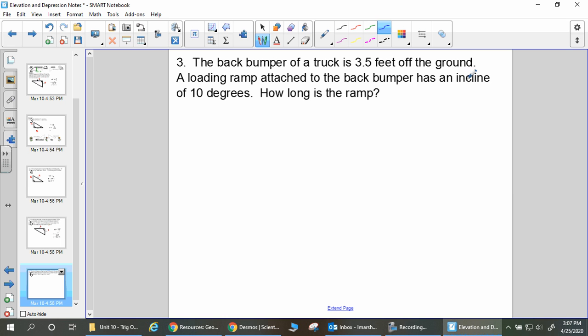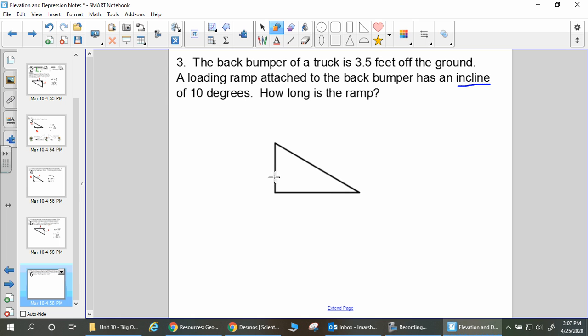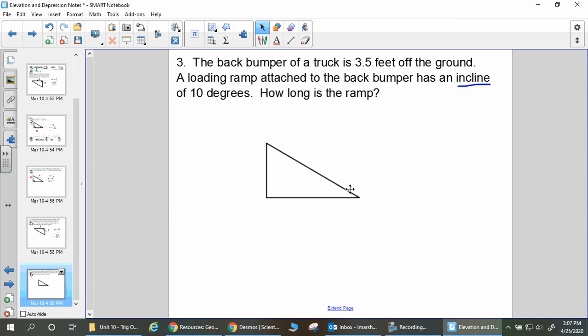In this case, our keyword here is actually incline. Think about what that might mean. Anytime you're talking about a triangle or something that is slanted, an incline is an angle of elevation. It's how much has that angle increased from being flat on the ground.